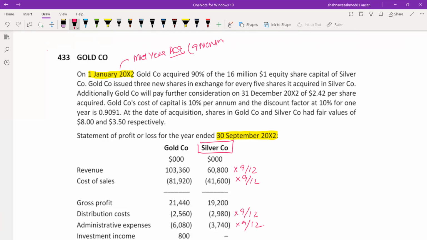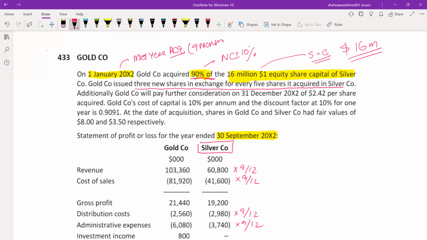Gold Co. acquired 90% shares. So that means my NCI is 10%. Goldco acquired 90% of the 16 million ordinary shares. The ordinary shares given in the subsidiary, this is the subsidiary's share capital, is 16 million, par value is 1, so total value is 16 million. How was the payment made? Goldco issued 3 new shares in exchange for every 5 shares acquired in Silverco.